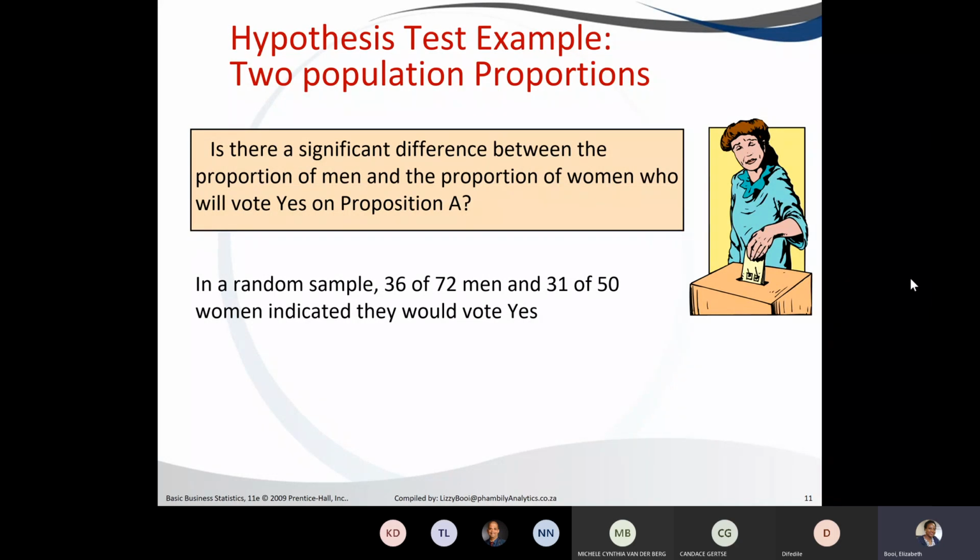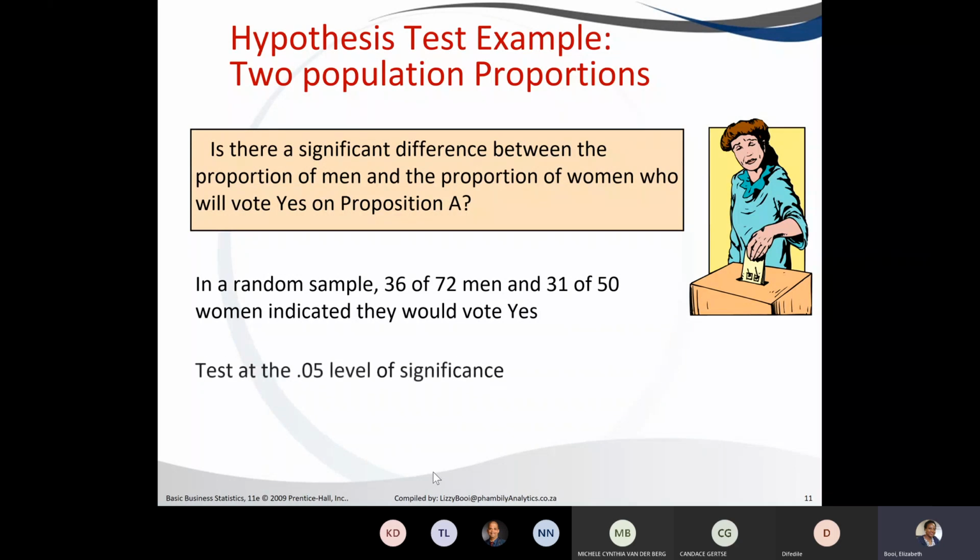We selected a random sample of 72 men, and 36 of them voted yes. And also we selected a random sample of 50 women, and 31 of those voted yes.